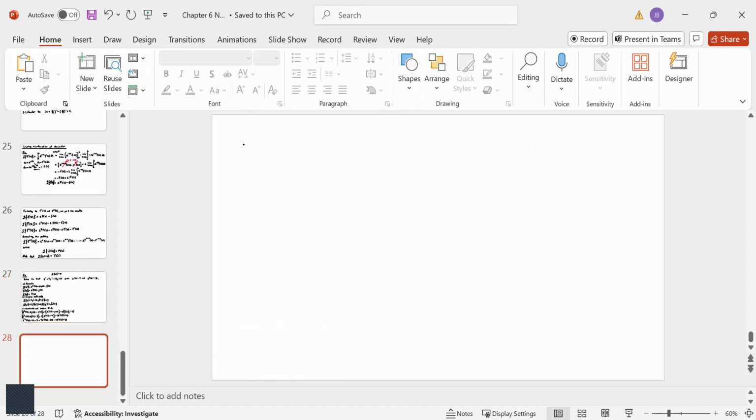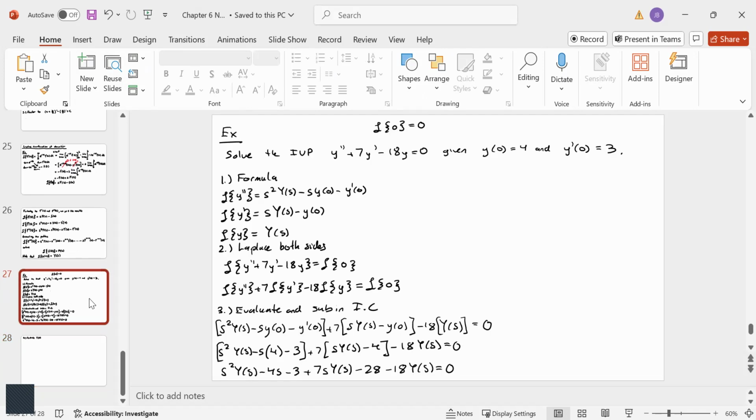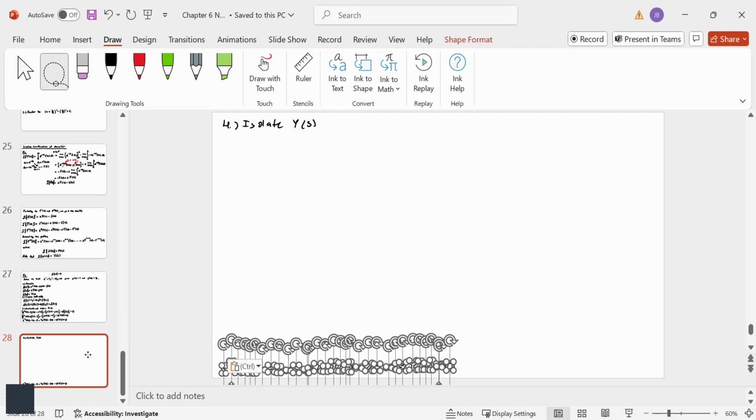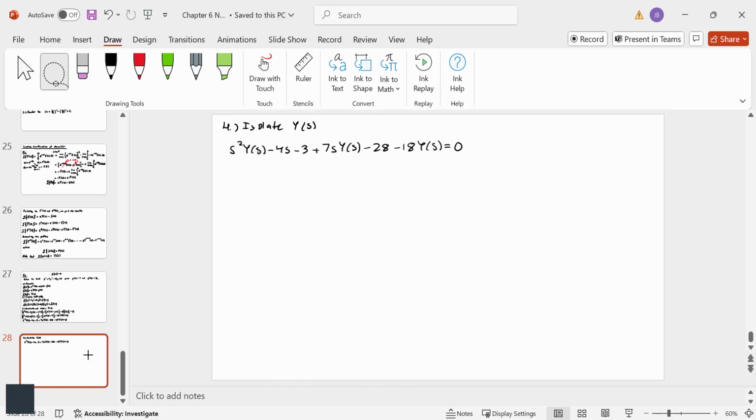Step four is going to be isolate Y of s. So if we take this line, then we're going to get s squared Y of s. I'm going to start moving Y of s terms together. So plus 7s Y of s minus 18 Y of s minus 4s minus 28 minus 3 equals 0, right?